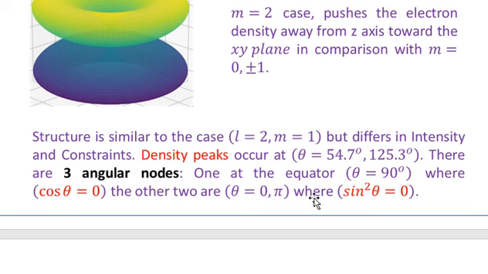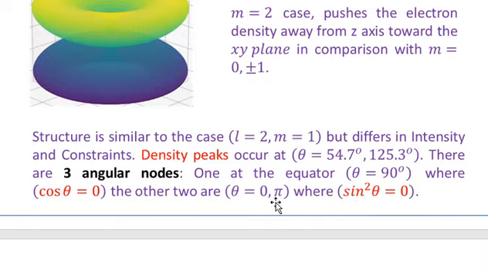So one is lying on the equator plane, where z is equal to 0. This provides one angular node, and the other 2 are theta equal to 0 and pi. These are the 2 other nodes which are obtained from sine square theta equal to 0.